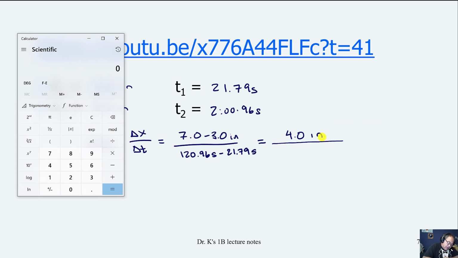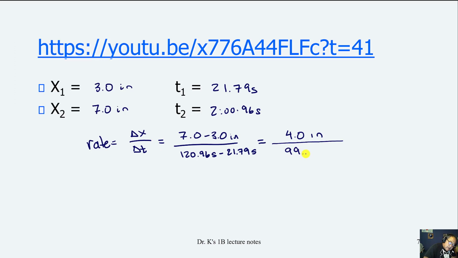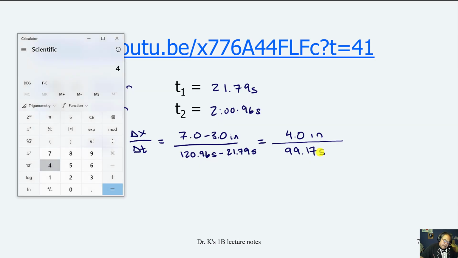So 120.96 minus 21.79 gives me 99.17 seconds. Now I can do the rest of the math. It's going to be 4 divided by 99.17.